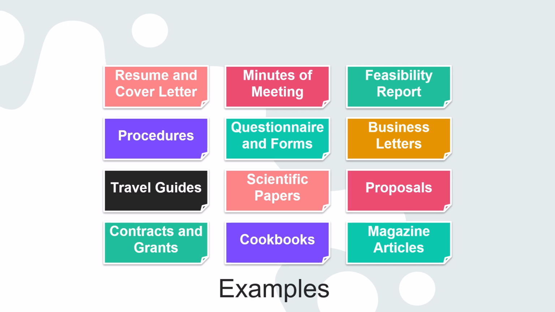Remember just now I mentioned that to ensure whether a document is a technical document or not, it must fit into these three criteria: specific information, specific purpose, and specific audience.